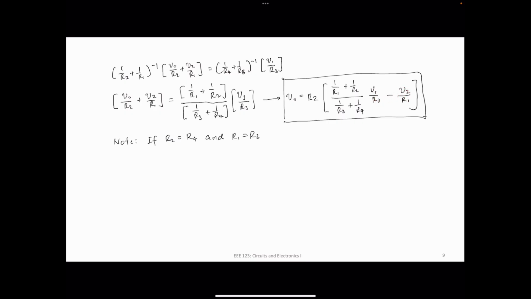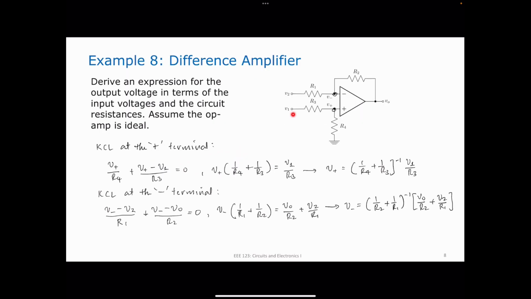V sub O is going to be simply equal to R2 over R1 multiplied by V1 minus V2. The output is proportional to the difference between V1 and V2, where V1 is the voltage applied through R3 to the non-inverting input, and V2 is the voltage applied through R1 to the inverting input.